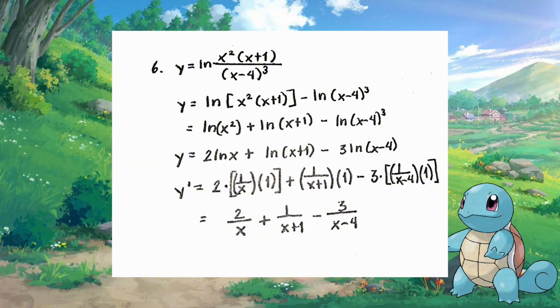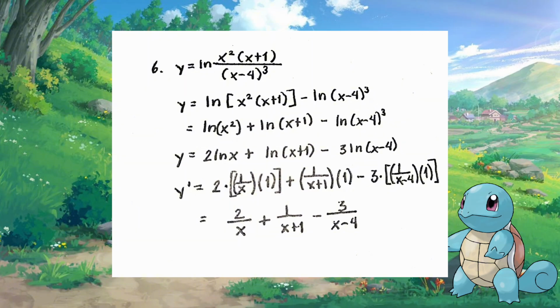Next, we are going to apply the product rule. So we're going to change multiplication into addition. So we'll have y is equals to the natural logarithm of x squared plus the natural logarithm of x plus 1 minus the natural logarithm of x minus 4 raised to 3.